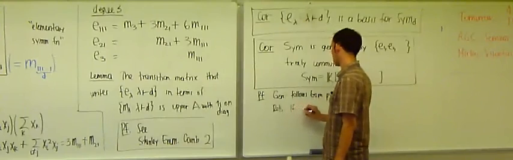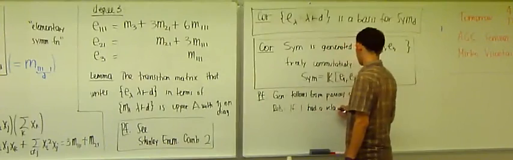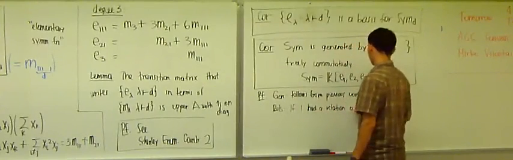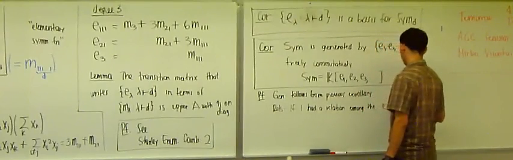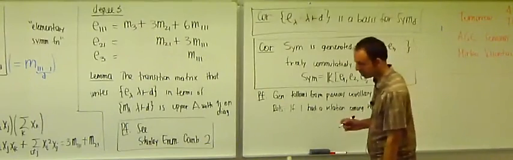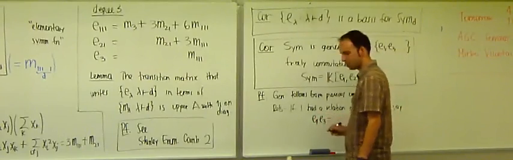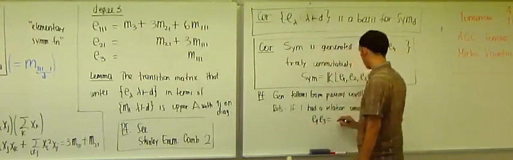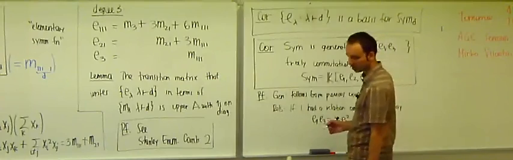If I had a relation among the E's, so I don't know, let's say that the relation looks like E4 E3 is equal to E5 E1 squared. I'm making something up.